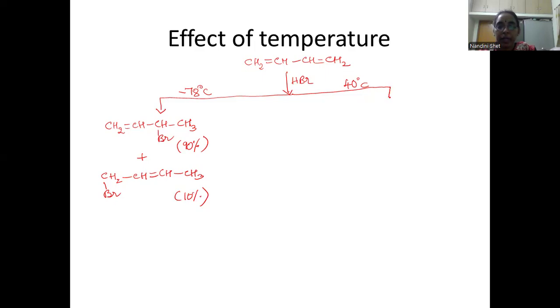And if we carry out the same reaction, addition of HBr at high temperature, once again the same two products are obtained. So I can just copy whatever is written on the left side.